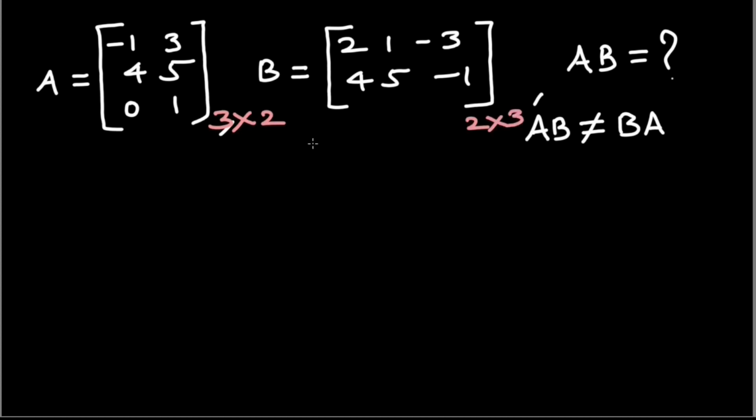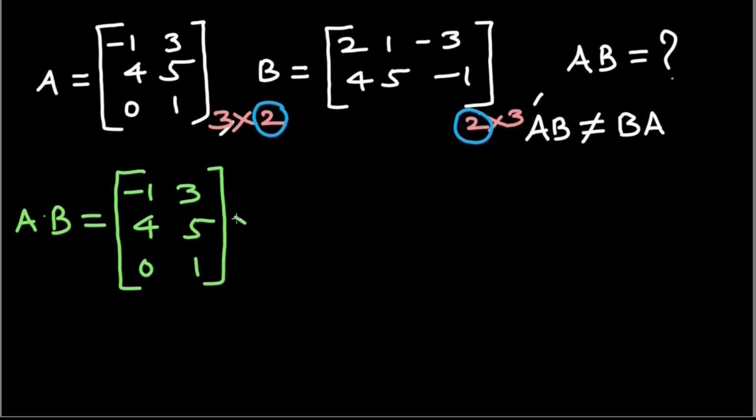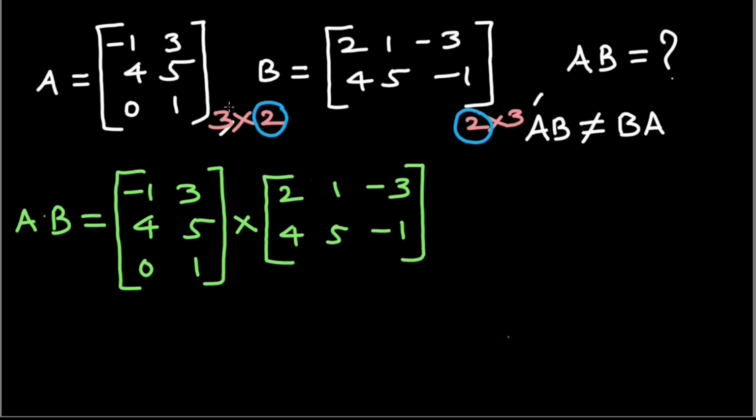Now since number of columns of matrix A equals number of rows of matrix B, this matrix multiplication is possible. So we write AB equals -1 3 4 5 0 1 multiplied by 2 1 -3 4 5 -1. The resulting matrix will be of the order 3 by 3.